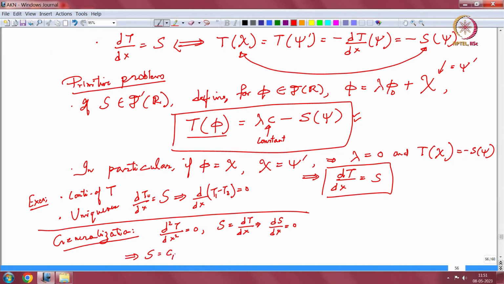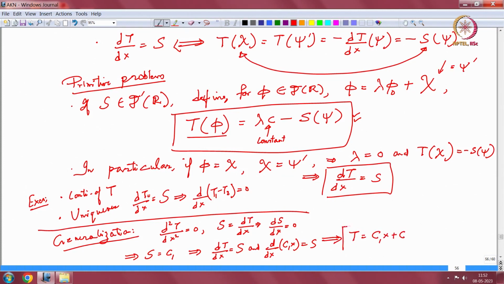That implies dT by dx equal to S, and d by dx of c1 x is equal to S. So you have two distributions T and c1 x giving the same derivative S. So by our uniqueness, that will imply T is equal to c1 x plus some constant c.